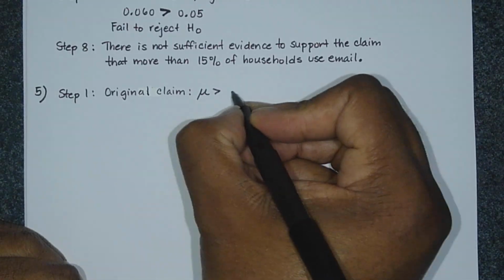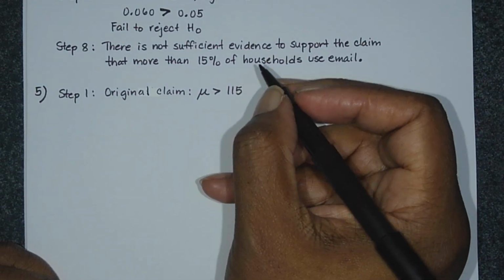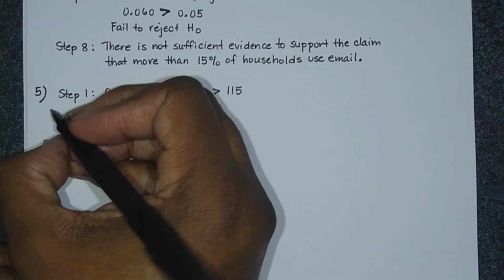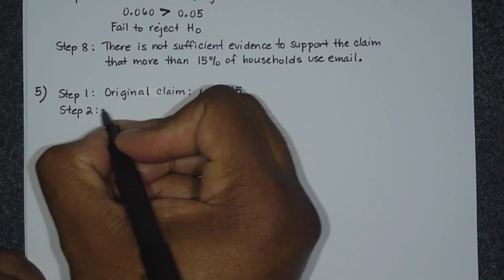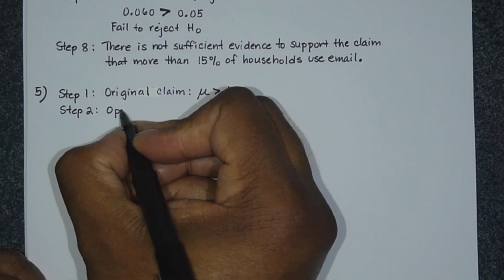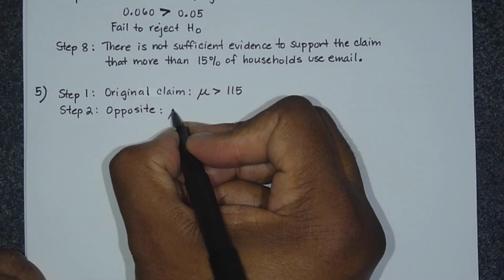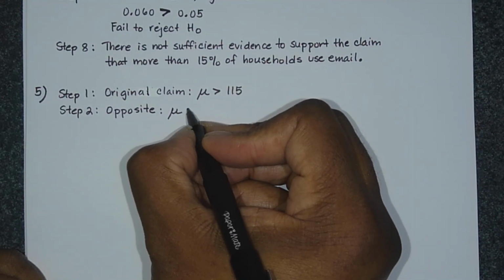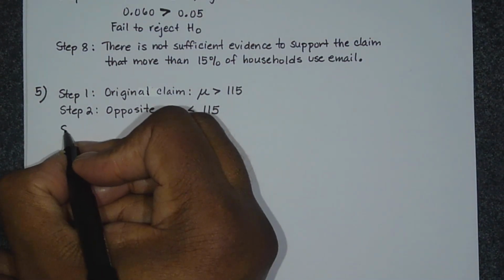Mu greater than 115, because the claim was the mean IQ score of statistics professors is greater than 115. Now step number 2 is the opposite of the original claim. So if it's not greater than, then it must be less than or equal to 115.